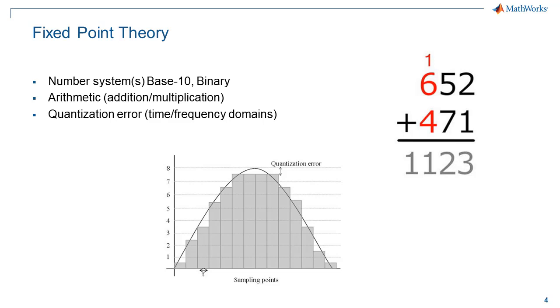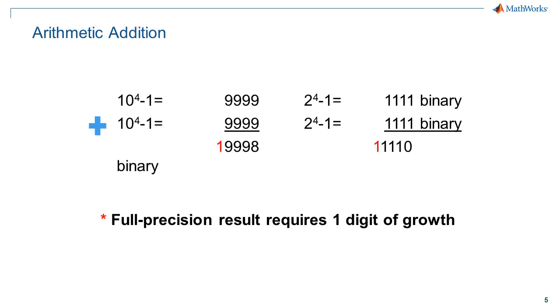What I've done on these next couple slides is take a look at what it means to be full precision. Full precision is how large a result you need in order to fully represent it without any quantization issues. The same rule holds for base 10 or binary.